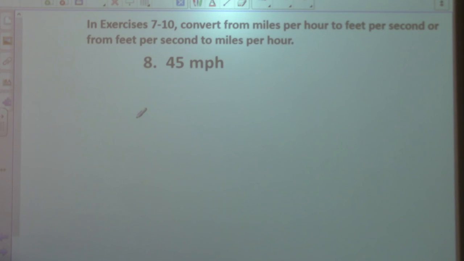Anyway, let's look at Thomas's work. You should have seconds up there. We're projecting it to miles.